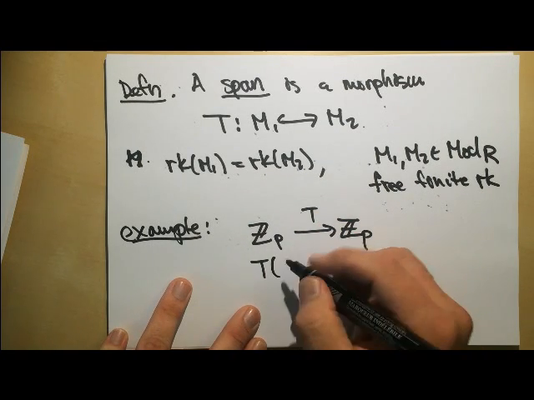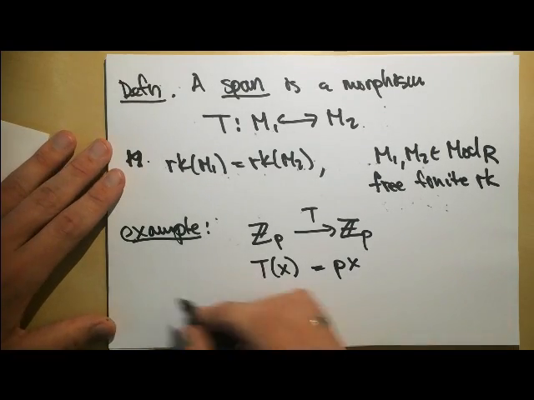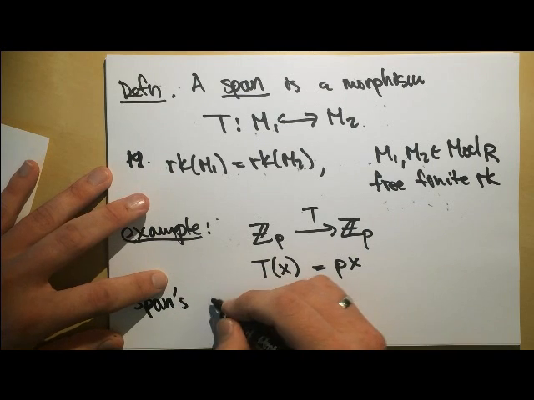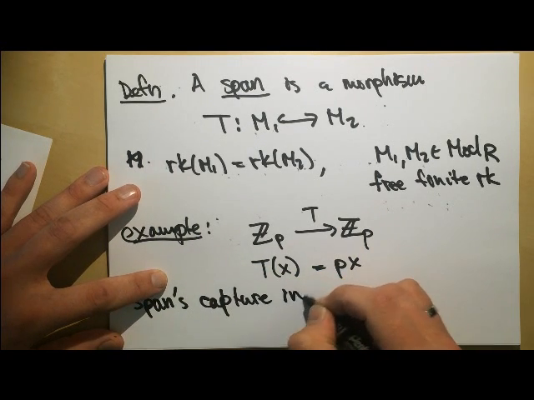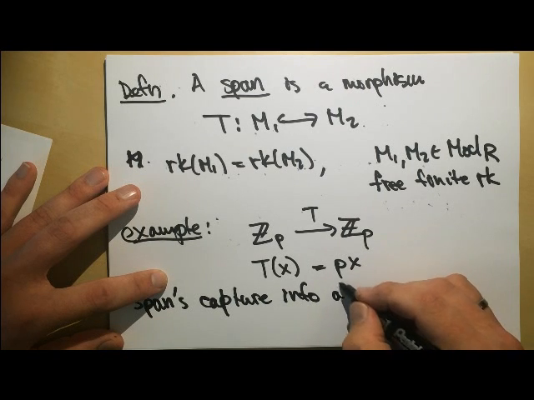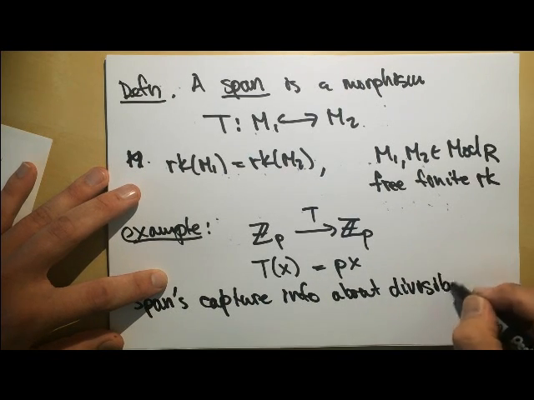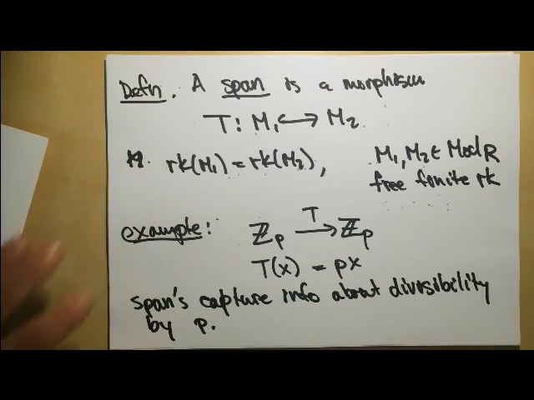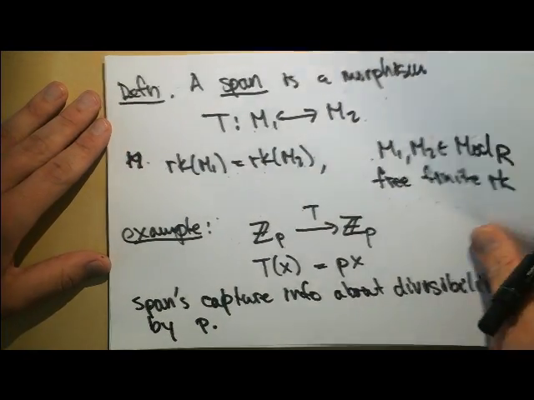So we don't really need to worry about equivariance here, but this is just p times x. So the idea is that these spans capture information about divisibility by p. Okay, so this is what a span is.